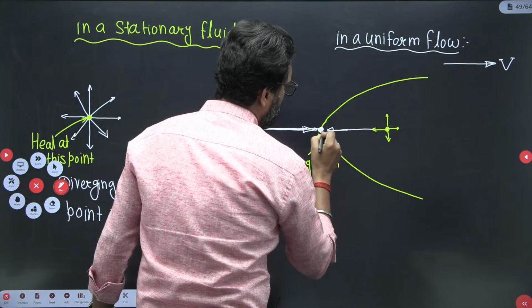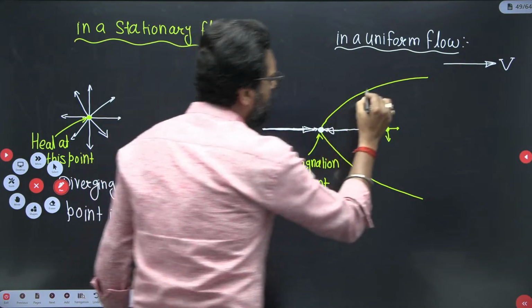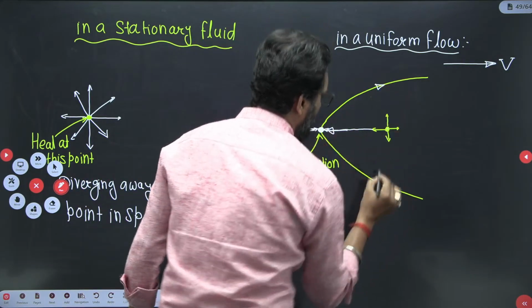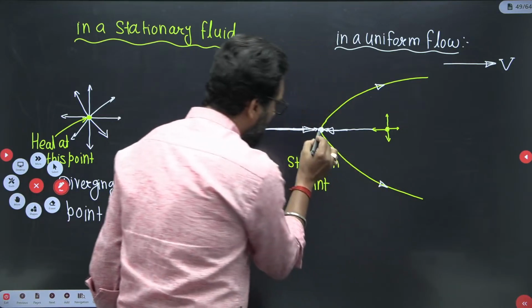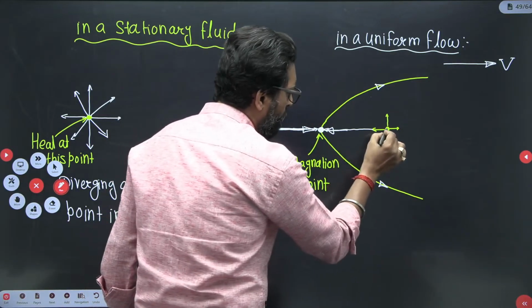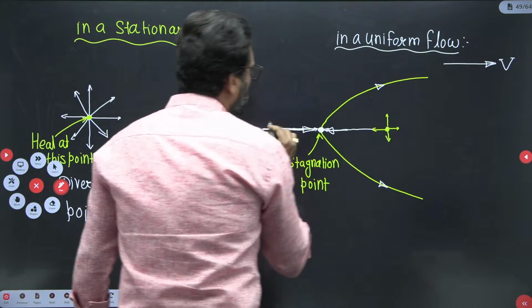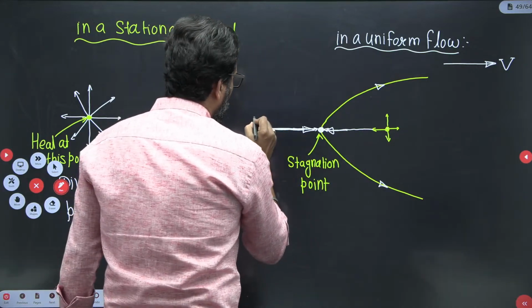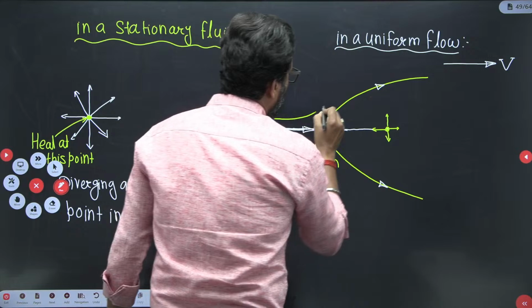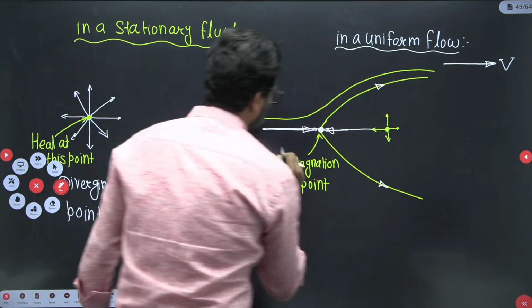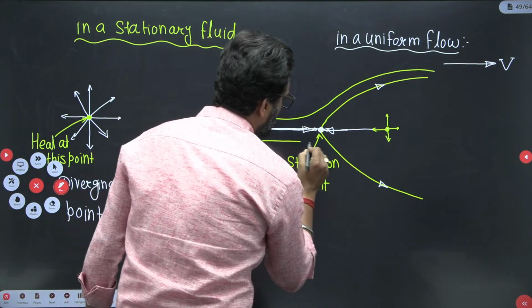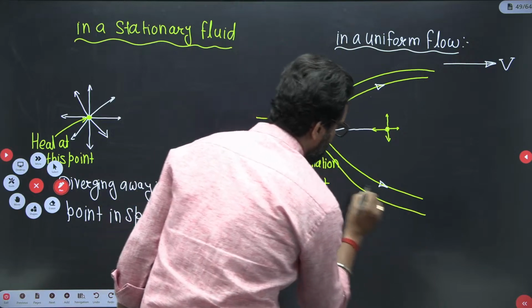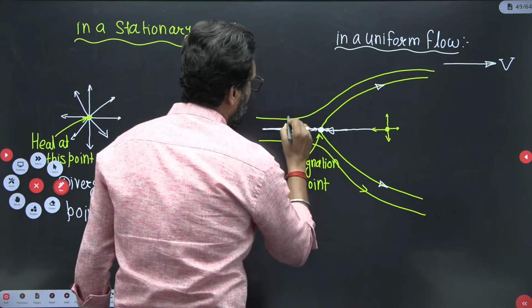So at this point, this is your streamline, and here it is your stagnation point, and this is the point of source. Now, if you draw another streamline, it looks like that.